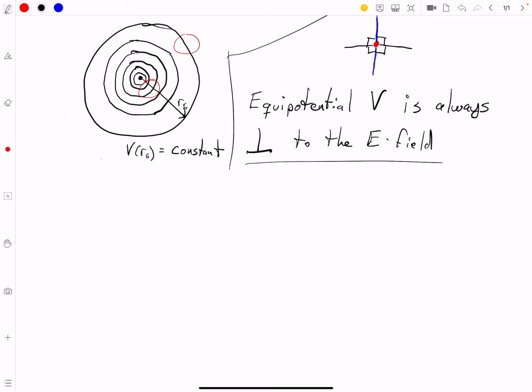At that point, E is a constant. E equals KQ over R6 squared. So E is a constant, R is a constant, and V must be a constant.